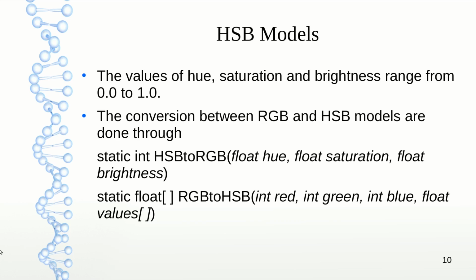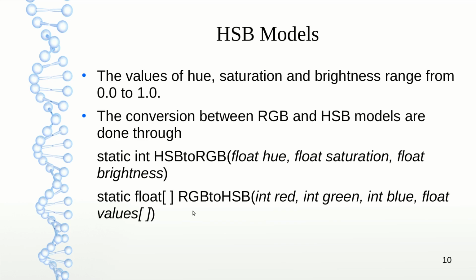As the name indicates, it will convert an HSB model to RGB model, and obviously the parameters that we are going to pass will be the values for hue, saturation and brightness, and it will return an RGB value in integer form.